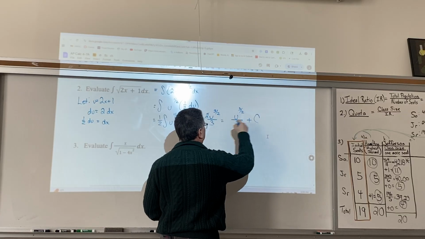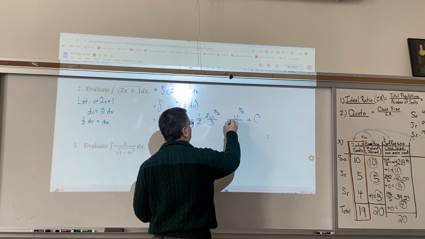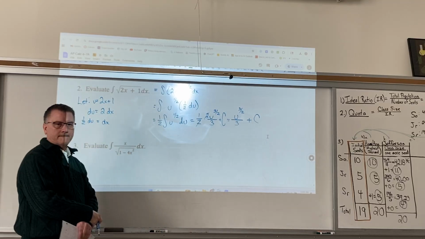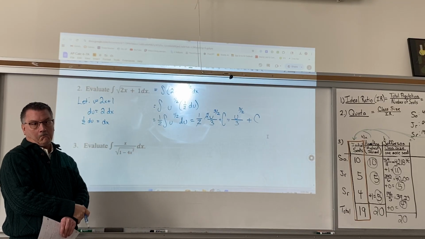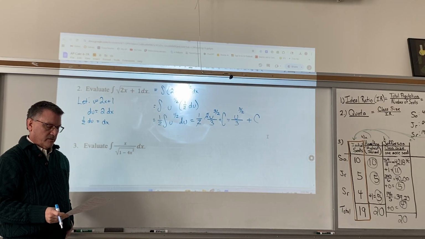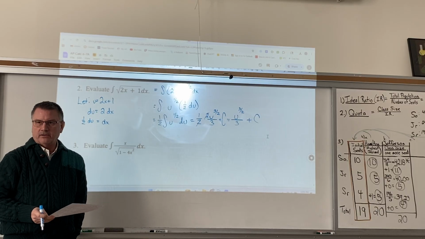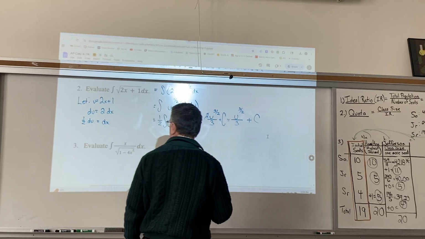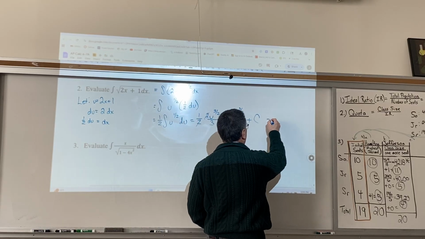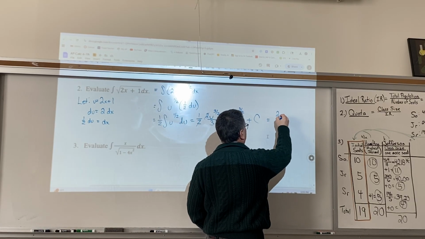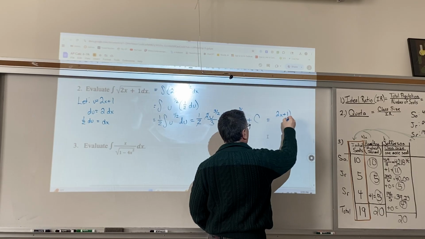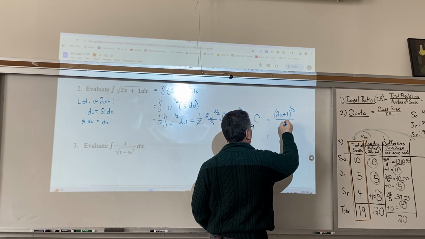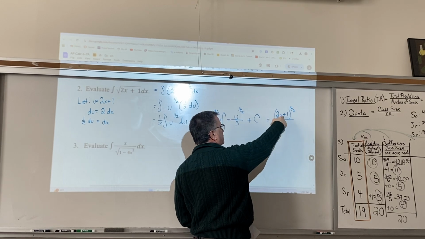Ooh, I forgot my plus c. Don't know if I can go any further, so it's time to substitute back. So this is going to be, u was 2x plus 1, so 2x plus 1 to the 3/2 power over 3, or you can say 1/3 times that.